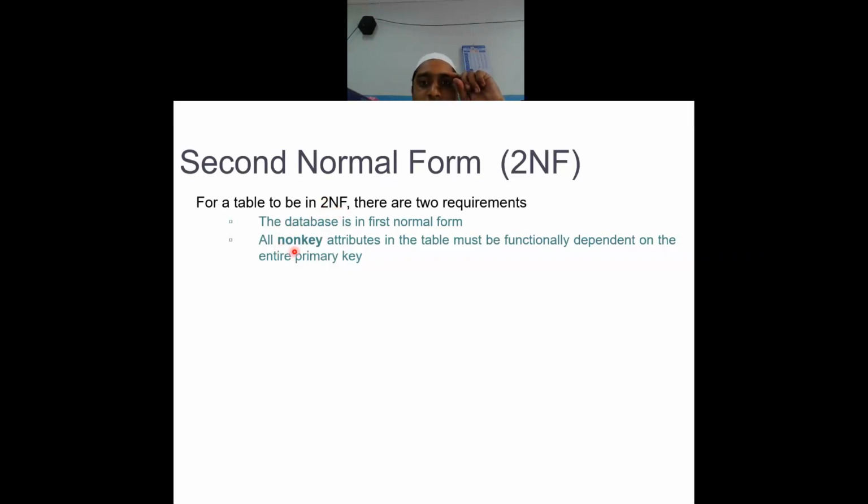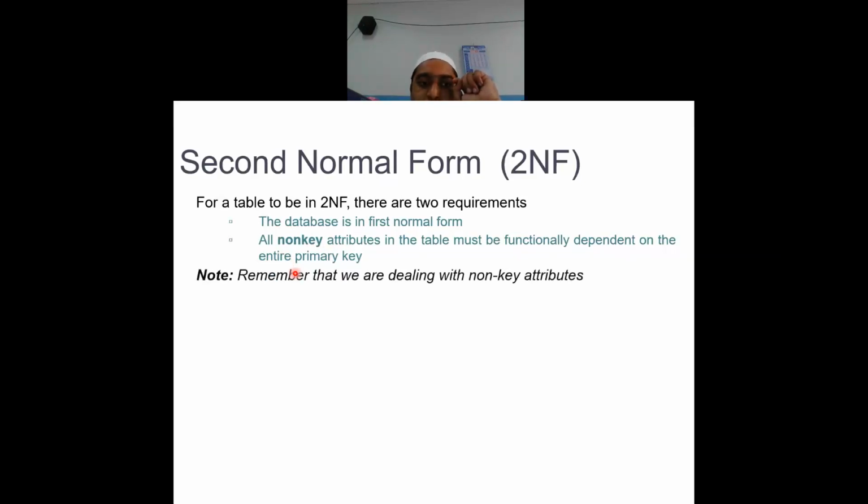The non-key attributes, the ones which are not a part of your primary key, should functionally depend on the entire primary key. This is the important point to be noted: entire primary key. If it is just depending on one single part of the primary key, then it is not in second normal form.